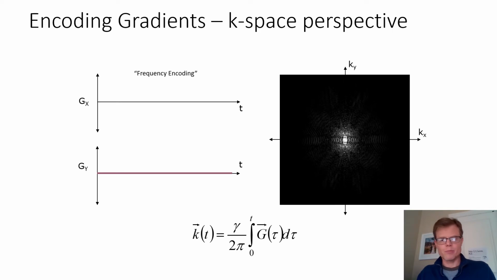And now let's modify the examples slightly to look at how we go across k-space by first starting with a negative gx gradient. And in terms of the k-space perspective, what that does is it means our k-space trajectory goes from the center to the left in k-space.